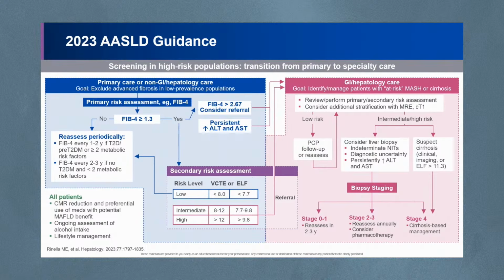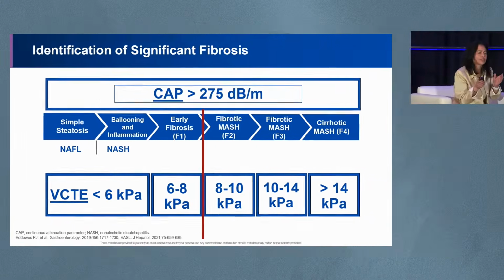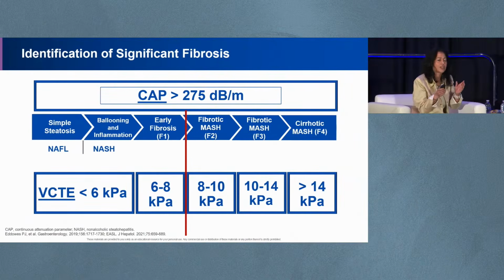And what is most commonly recommended are VCTE and ELF. And when you think about VCTE, these are kind of the cutoffs. So all of the studies, the resmetirom, GLP-1, they're really focusing on patients with non-cirrhotic MASH consistent with F2 and F3. Why F2? Because that's when liver-related outcomes start to go up.